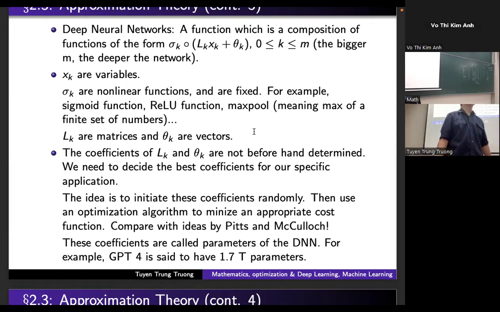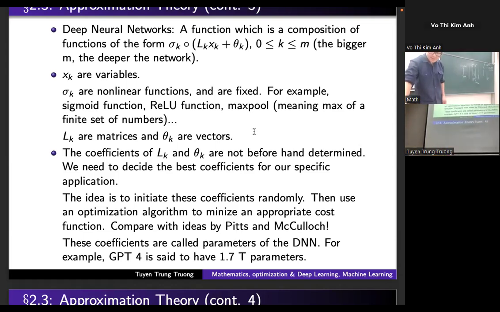Usually, I'm a bit confused about the notation. First of all, I just call X the input data.